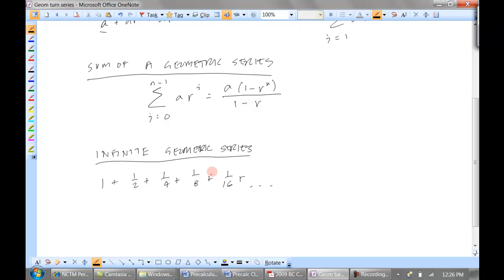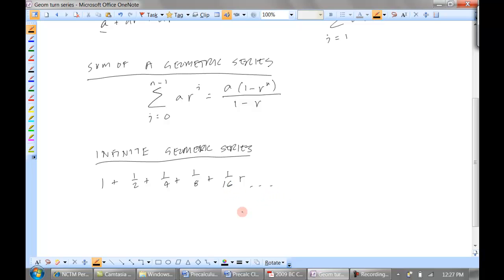And you might be curious as to whether or not that has a finite sum or an infinite sum. There are definitely an infinite number of terms, but as we add 1 plus a half plus a quarter plus an eighth, the sum actually gets bigger, but by a smaller and smaller amount.